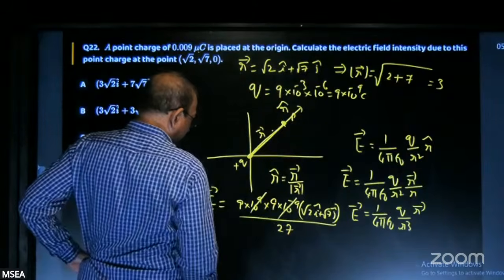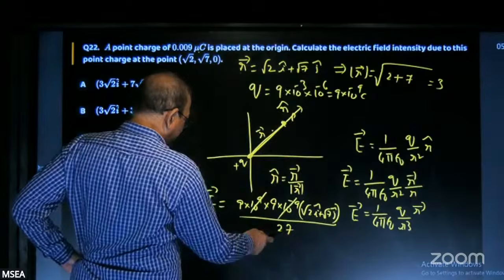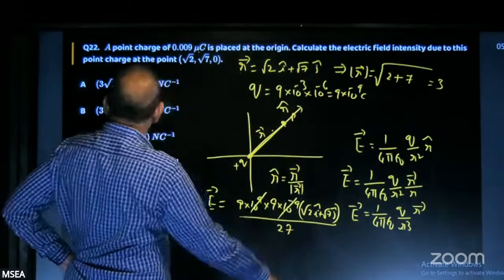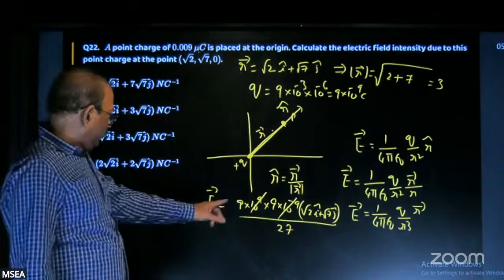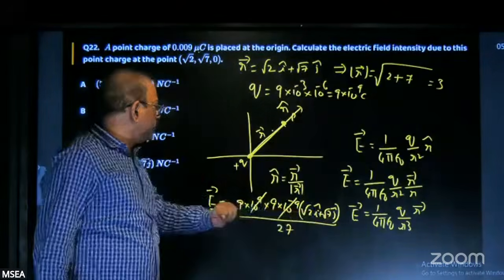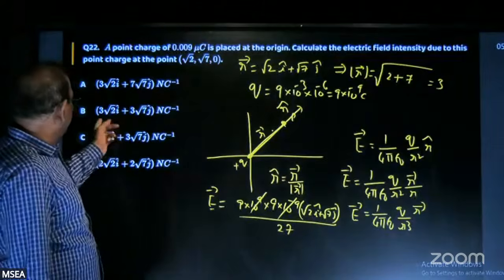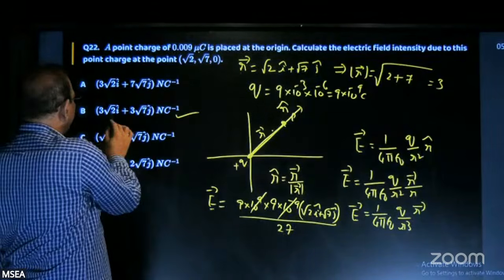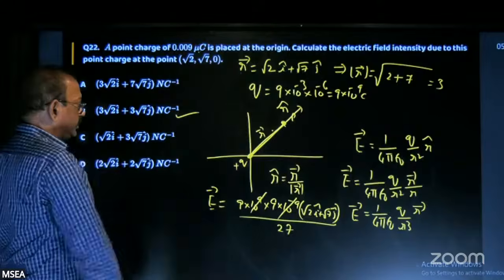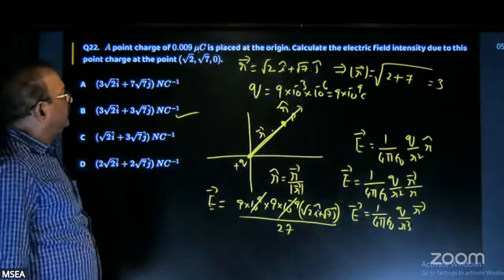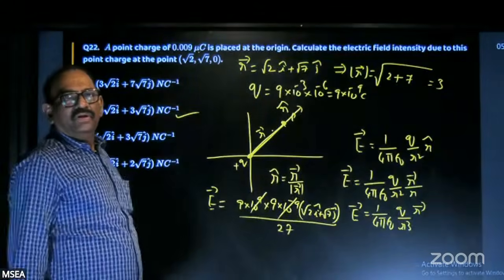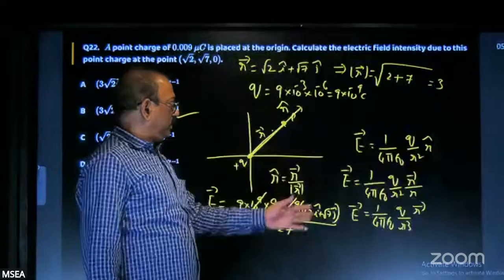These two cancel, 9, 3 times here. 3 into root 2 I cap plus root 7 j cap. Second option, 3 into root 2 I cap plus 3 into root 7 j cap. Very important problem, expressing intensity in vector form.